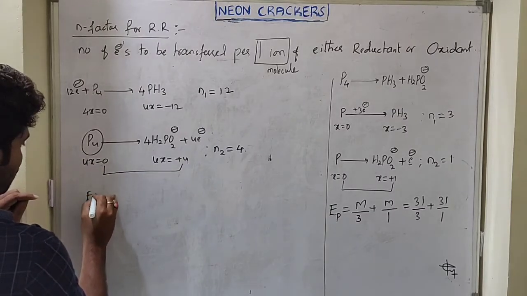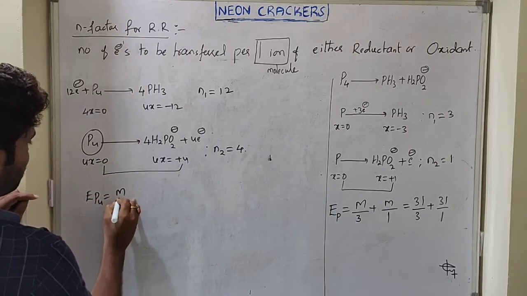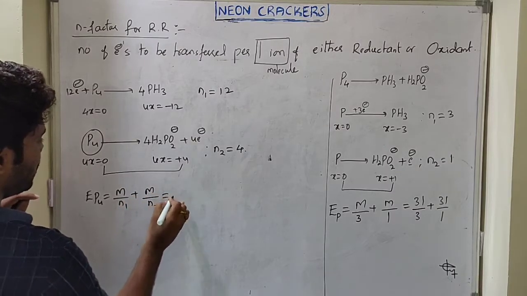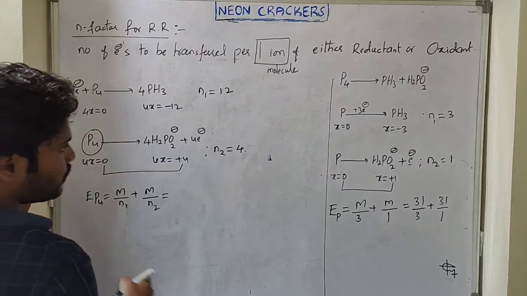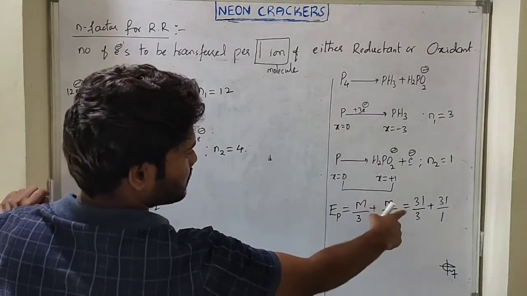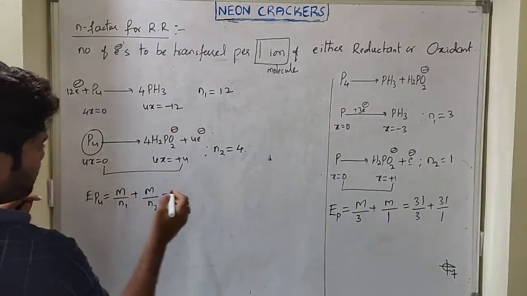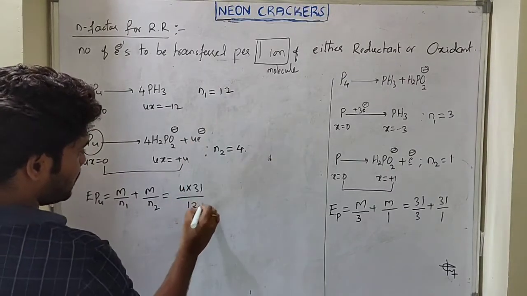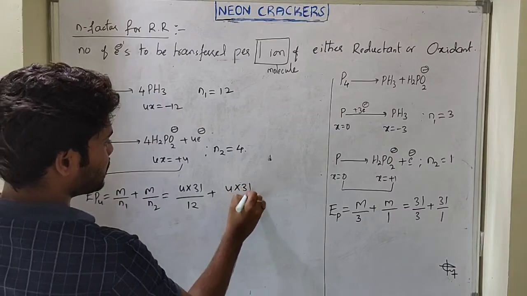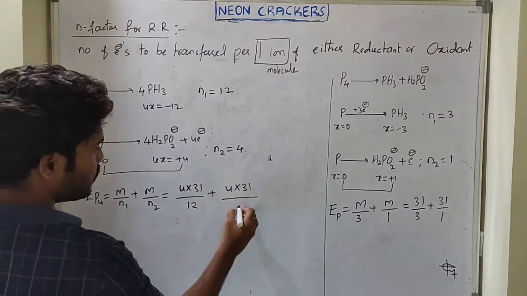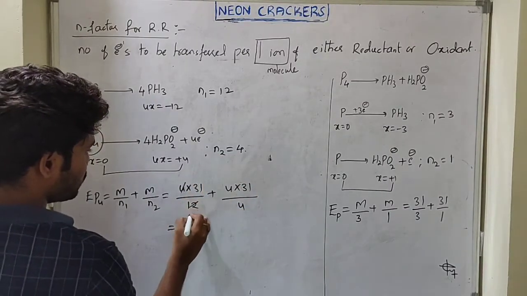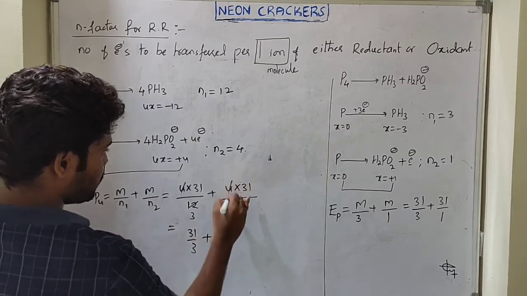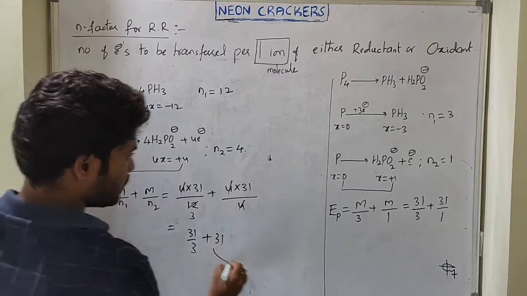So equivalent weight of P4 equals M upon n1 plus M upon n2. And M is nothing but P4, 1 phosphorus atom, what is the molar mass? 31, but P4 is 4 into 31 upon first n factor 12 plus 4 into 31 upon second n factor 4, right? So 12, 4 3, and 31 by 3 plus 4, 4 gets cancelled, 31.